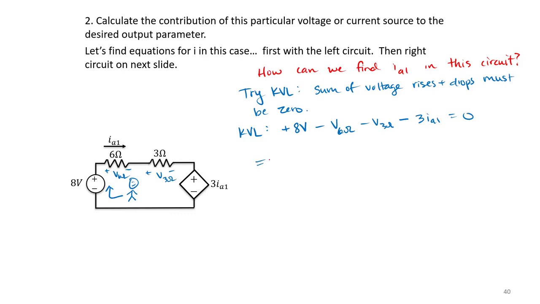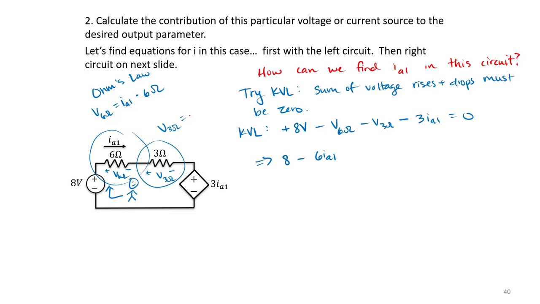We can also write this as 8 volts minus 6 IA1, because the voltage across the 6 ohm resistor is IA1 times 6 ohms, right? By Ohm's law. And similarly, the voltage across the 3 ohm resistor is IA1 times 3 ohms.